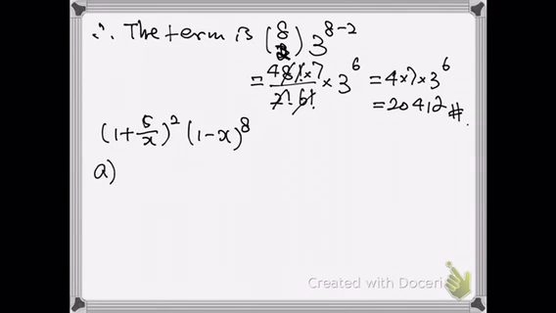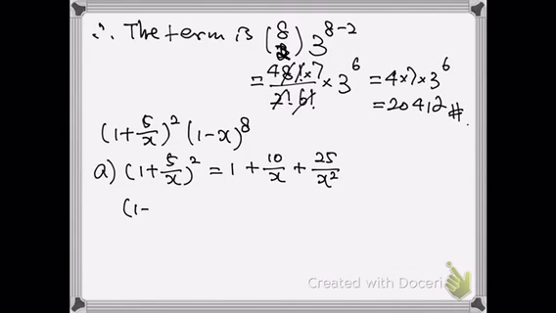The first part is that we need to write down the expansion. The square is easy: (1 + 5/x)^2 is 1 plus 2 times 5, which is 10 over x, plus 25 over x squared.